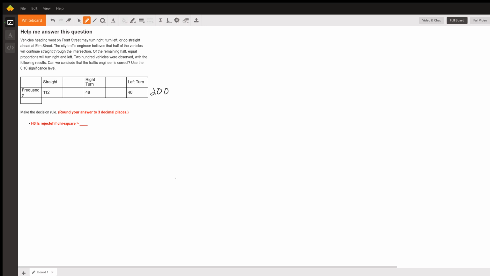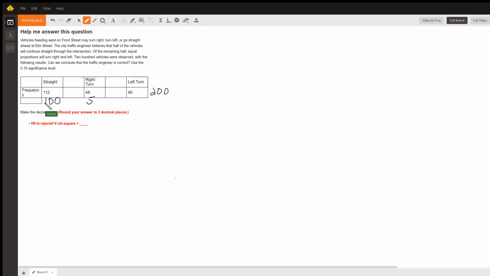What we would predict if we had 200 cars and half of those 200 cars went straight, that's what the city traffic engineer believes. So that would be 100. So we would predict that 100 went straight. And of the 100 that are left, half of those went right. So that's 50.